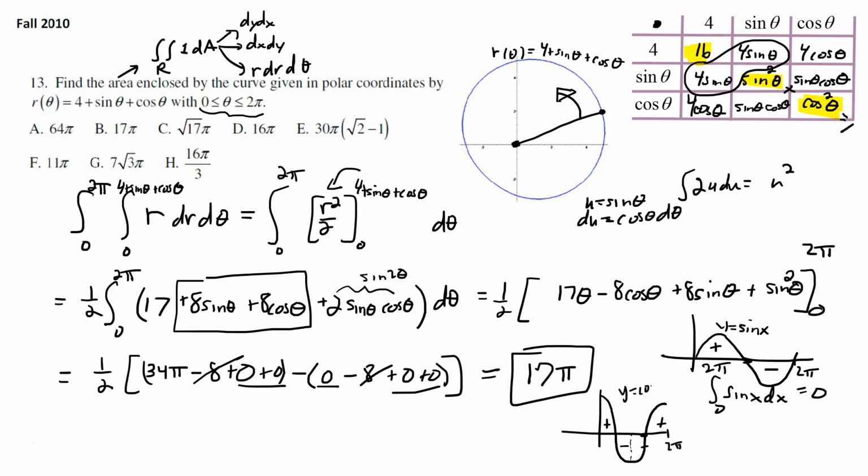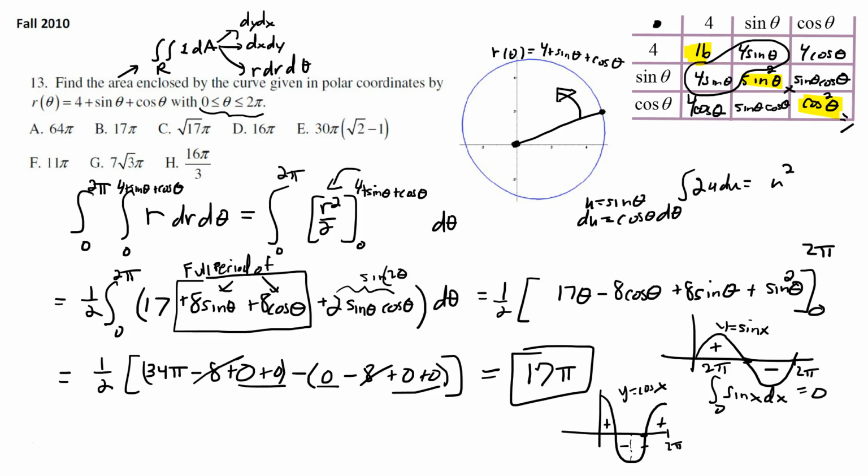So we didn't have to really integrate those. We could have just said that we're integrating a full period of these two guys. And when you integrate a full period of a sine or cosine, you end up with 0.